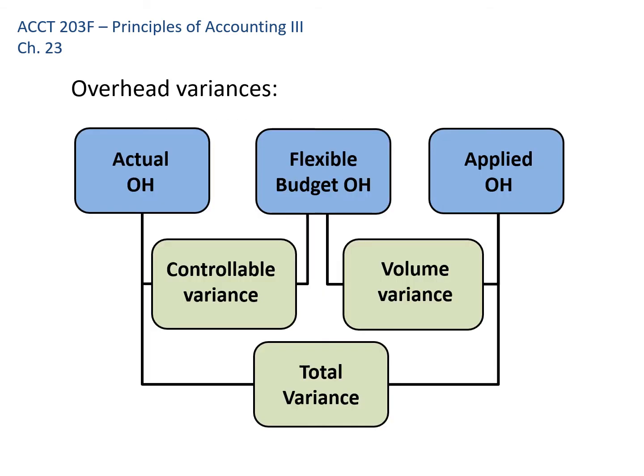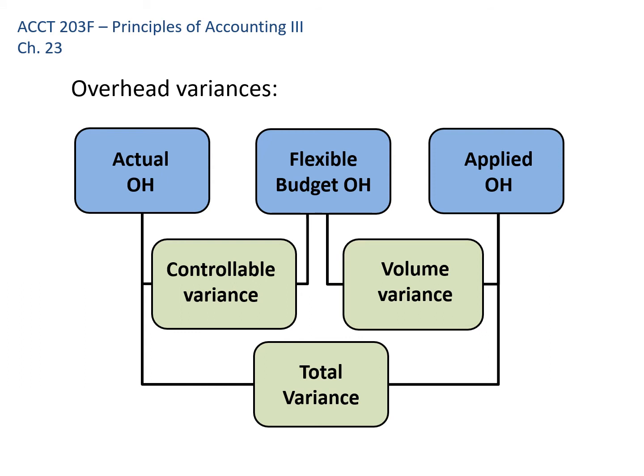In the goalpost method, it looks the same, but it's a little bit different than the previous two. The goalpost on the far left is what we actually spent for factory overhead, straight from our accounting records. The far right goalpost is what we applied using our predetermined overhead rate. It's key to remember that we apply the predetermined rate times the actual volume.